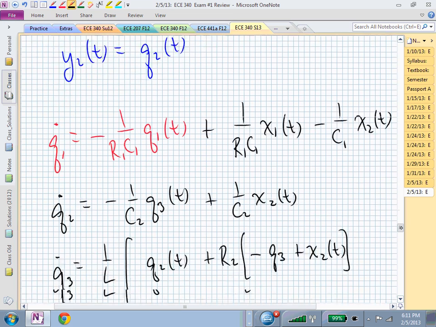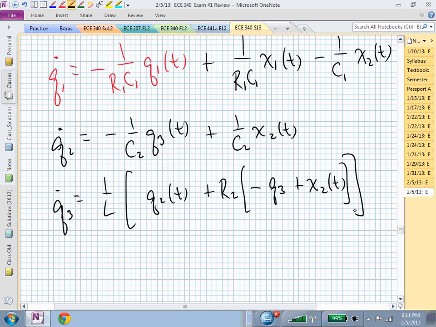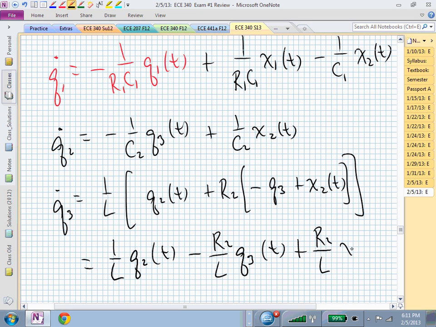Oh, and that's all I have to play with. So this now becomes 1 over L Q sub 2 minus R sub 2 over L Q sub 3 plus R sub 2 over L X sub 2.